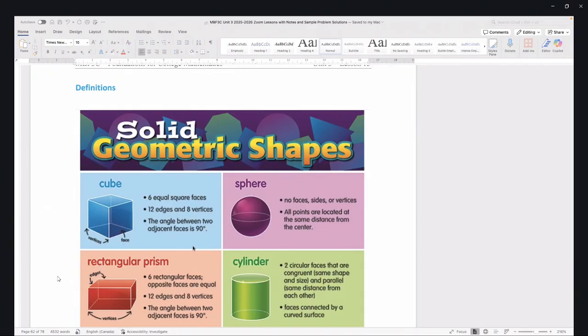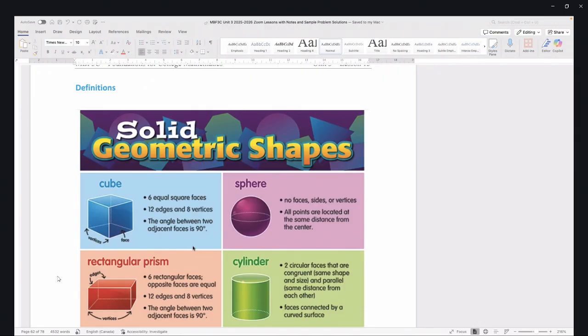Okay? So just like in the two-dimensional world where we have circles and squares and rectangles and triangles and trapezoids and hexagons and pentagons and so on, in the three-dimensional world, we also have some things that have special names.